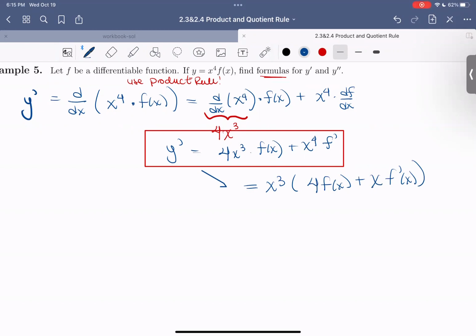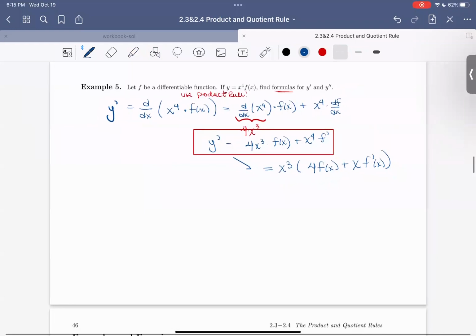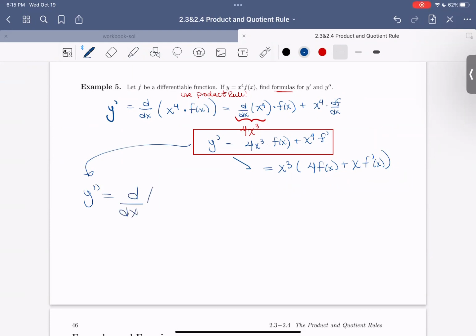All right, so now let's go ahead and compute that second derivative. So now we want y double prime. So what we need to do is compute the derivative with respect to x of our first derivative. So derivative with respect to x of 4x cubed times f of x plus x to the fourth times f prime of x.